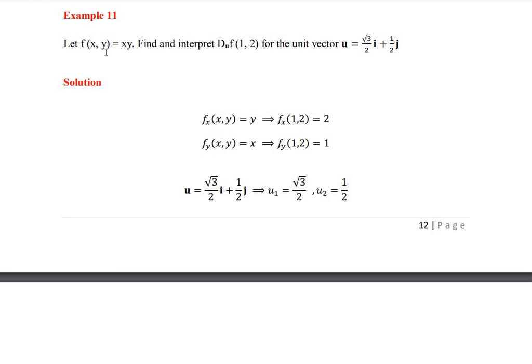Now a question: let f of x y equal x y. Find and interpret the directional derivative of f at the point (1, 2) in the direction of the unit vector u equal to root 2 by 2 i cap plus 1 by 2 j cap. The partial derivative of f with respect to x at the point (1, 2) gives 2, and the partial derivative of f with respect to y at (1, 2) gives 1. From the unit vector we find u1 and u2.